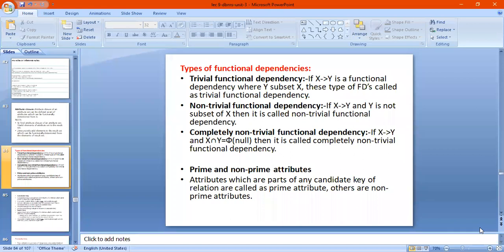Completely non-trivial functional dependency: if X determines Y and the intersection of X and Y is the empty set, that is null, then it is called completely non-trivial functional dependency. Prime and non-prime attributes: attributes which are part of any candidate key of a relation are called prime attributes. Others are non-prime attributes.